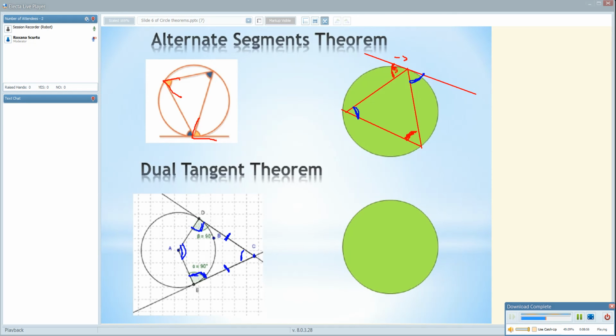And if you join these two, this line here is going to be equal to this line and to this line, yeah? So this triangle here, ACD, is going to be isosceles, and ACE is going to be isosceles too.